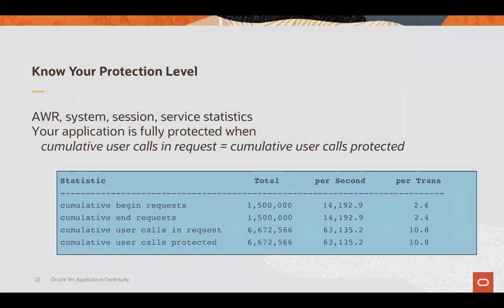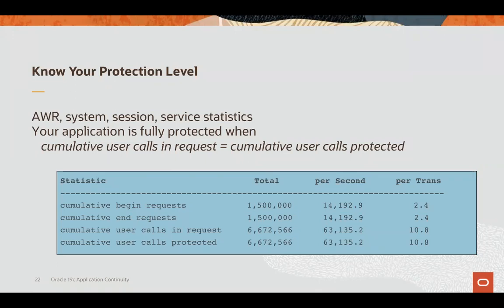This is an example here, but in most cases, you won't have these numbers exactly the same. For example, the cumulative user calls protected will be just a little less than the cumulative user calls in requests. If the difference is not so big, it is still good for the application. It means that you have a good protection level for your application.